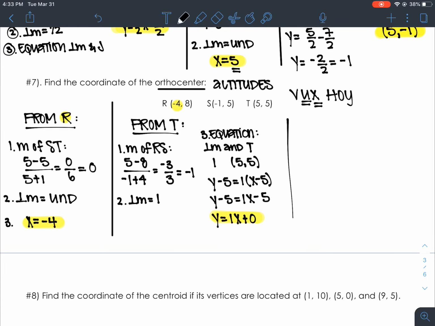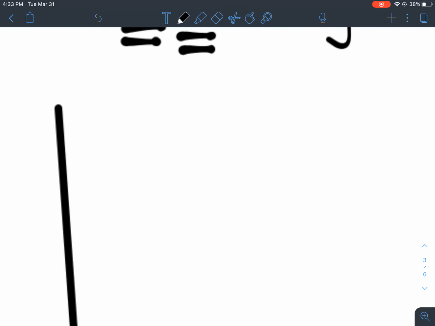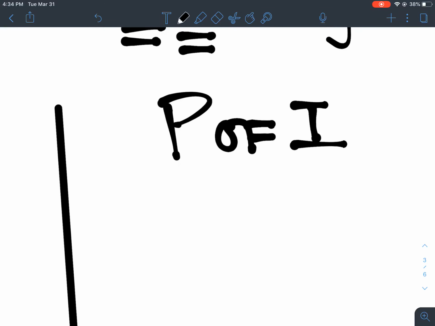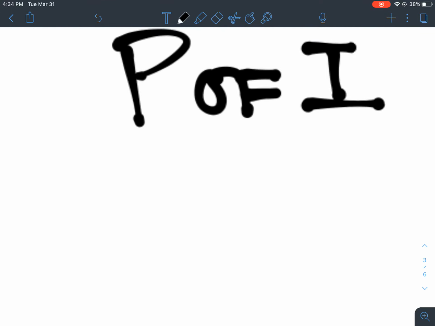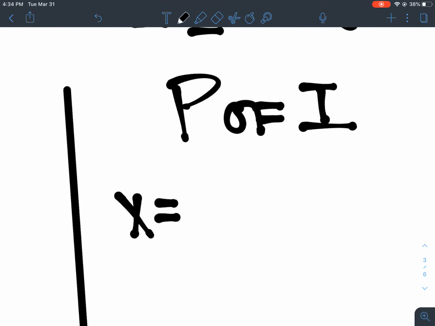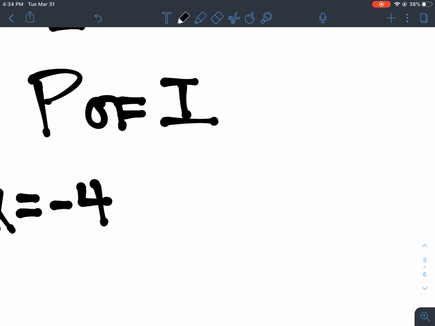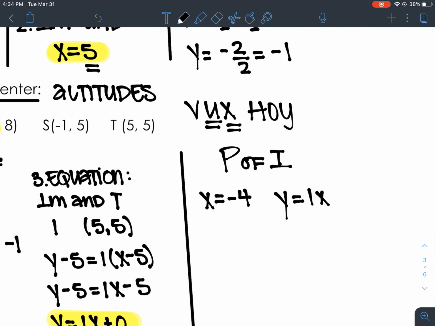But that is our second equation. Now, my last step is I now need to find my point of intersection. And because I have one of those special cases, all I'm going to do is a substitution step. So my two equations are x is equal to -4 and y is equal to 1x. I'm not going to write the plus 0. What I'm going to do, and this is going to be really, really easy, is take this -4 and plug it in for that x right there.